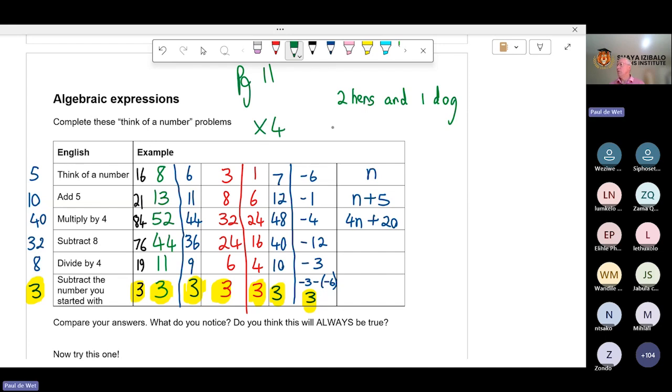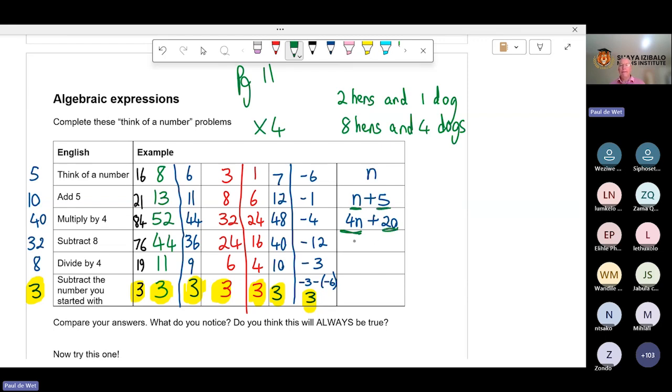What must you have? You must have 8 hens and how many dogs? 4 dogs. So what we're saying is when you multiply the n plus 5, this must be multiplied by 4, and that's 4n, but the 5 must also be multiplied by 4.